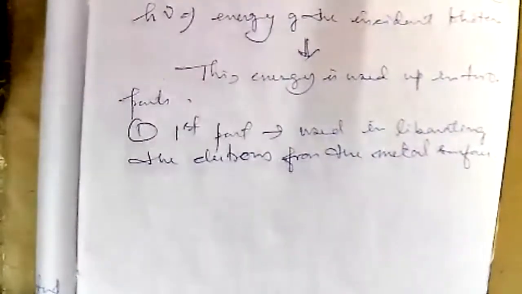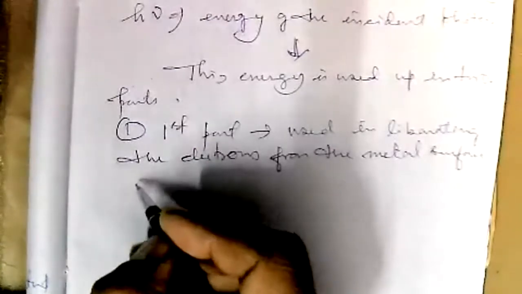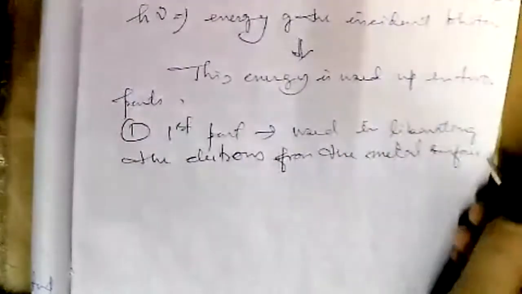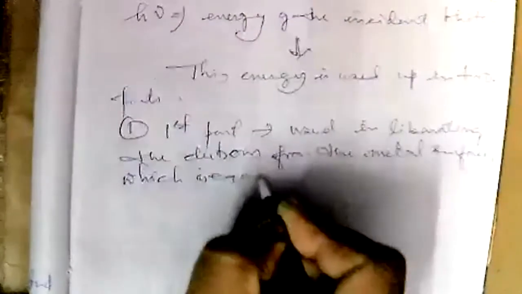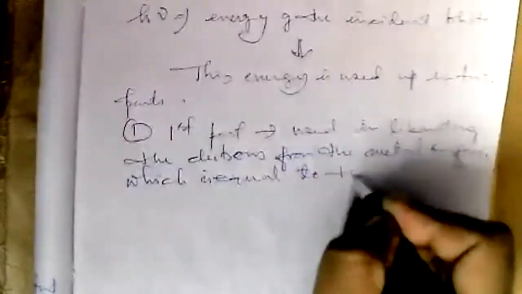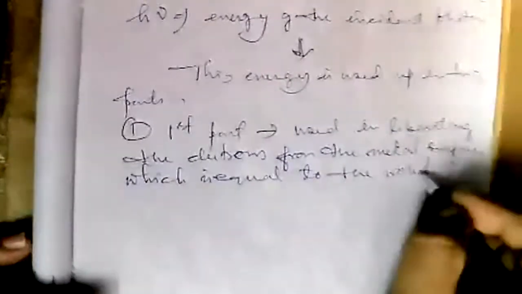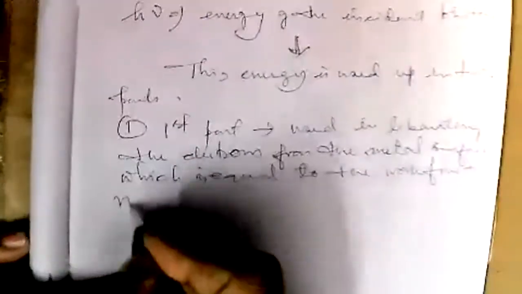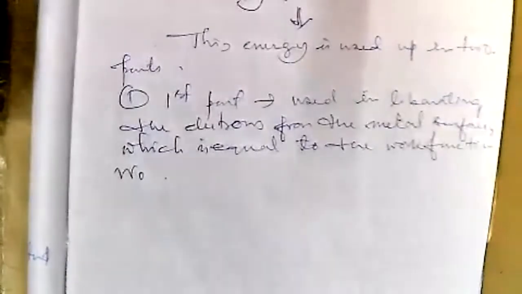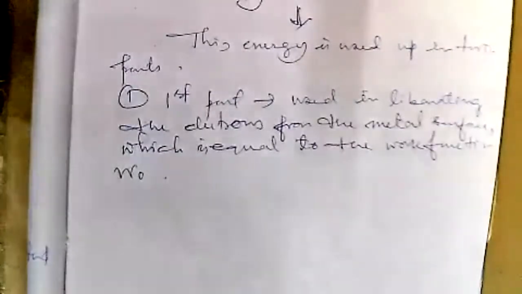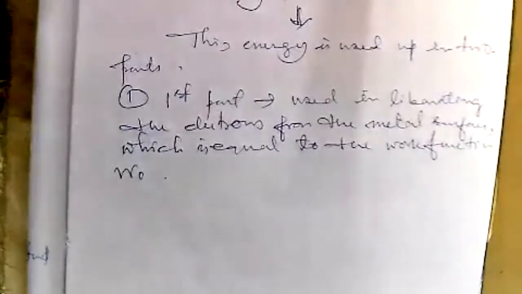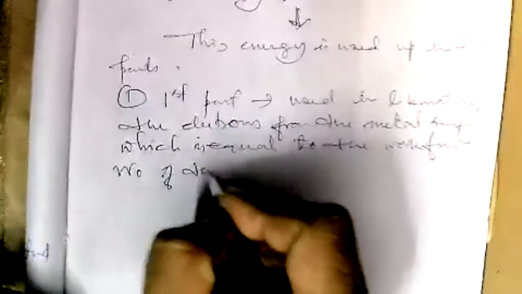So out of the total energy, this W naught amount of energy is used up to overcome the work function of the metal.